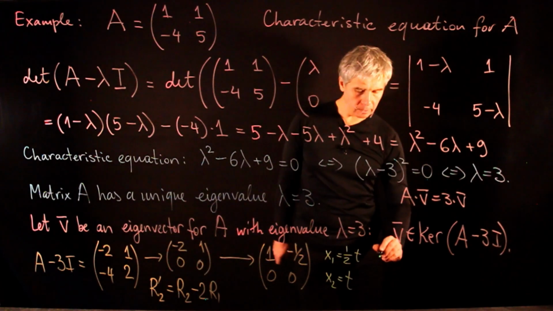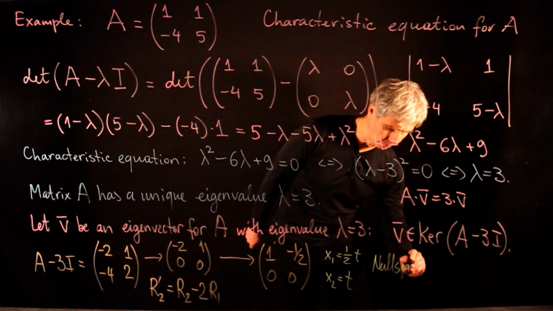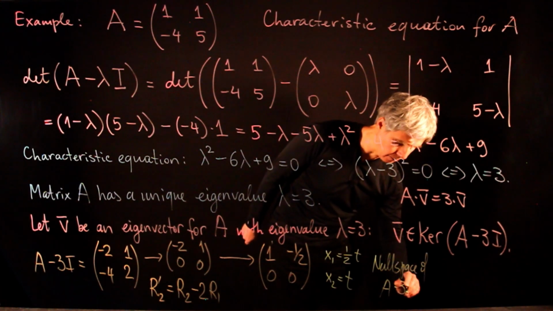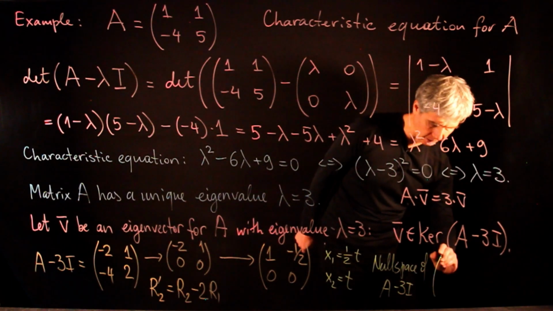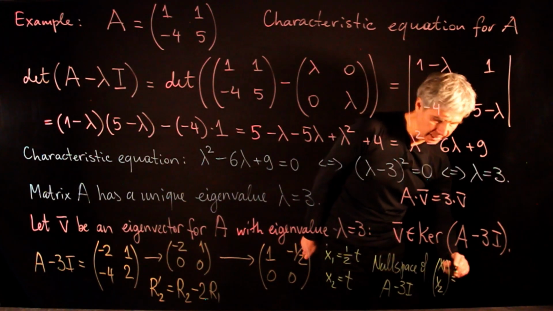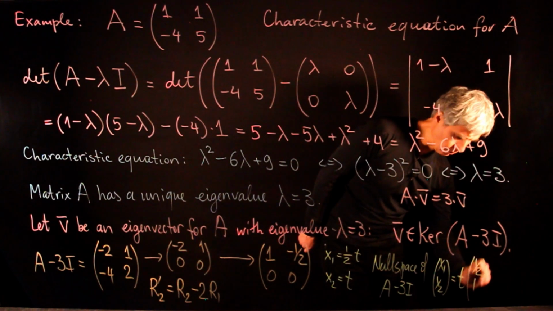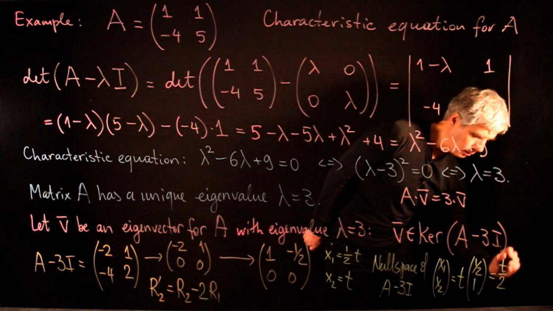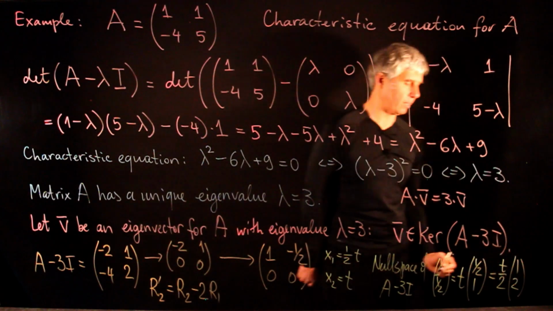And so then we get that the null space of A minus 3I is the following. We'll have x1, x2 is equal to t times 1/2, 1, or we can also write this as t over 2 times 1, 2 to avoid fractions in the vector.